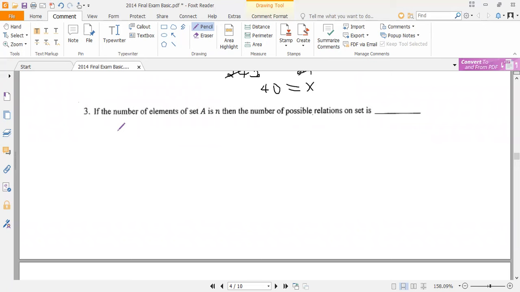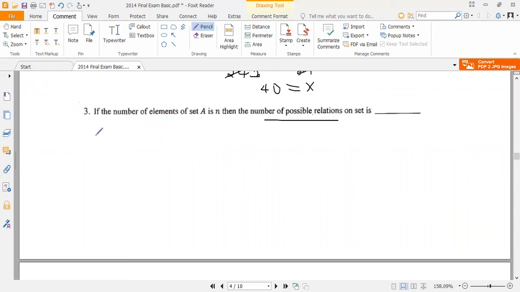The next question is: if the number of elements of a set A is n, then what is the number of possible relations on set A? A relation comes from the Cartesian product of two sets.